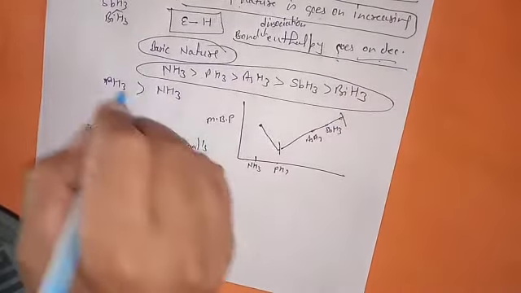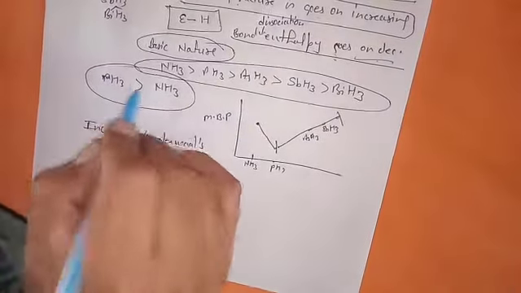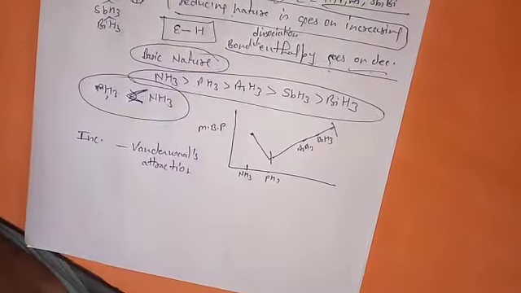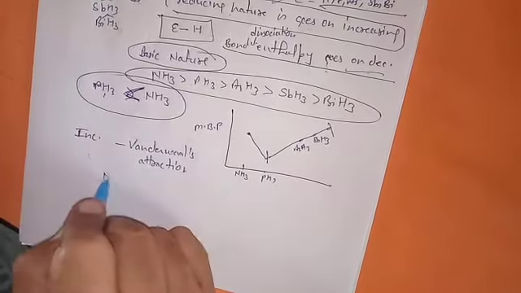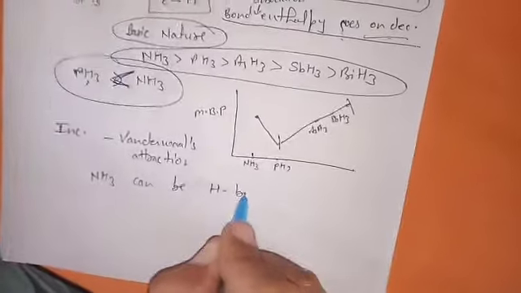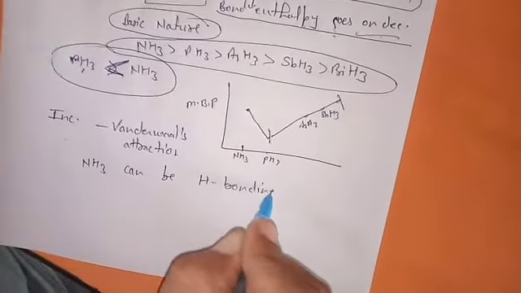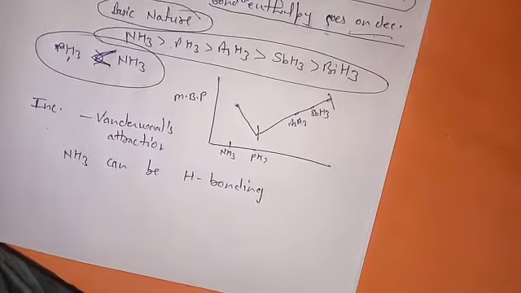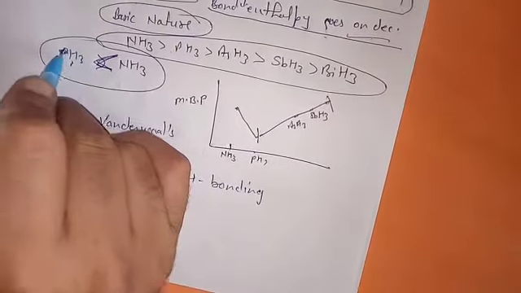But why does phosphine have a lower melting boiling point as compared to ammonia? Because ammonia can form H bonding. The question can be in a different format as well: why is ammonia a liquid and phosphine a gas? PH3 is termed phosphine. Why is phosphine a gas? Why is ammonia a liquid?